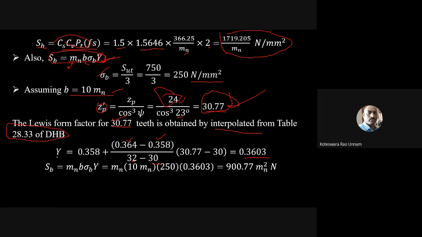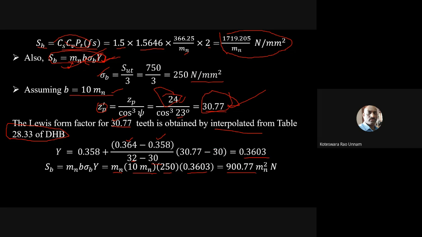First, if I substitute all these values into this equation, SB is equal to Mn into B into sigma B into Y. Mn is unknown, I'll keep it as Mn itself. B is 10 Mn, sigma B is 250 and Y is calculated as 0.3603. If I simplify this, I'll get 900.77 Mn square.